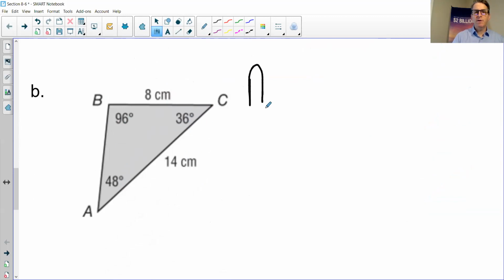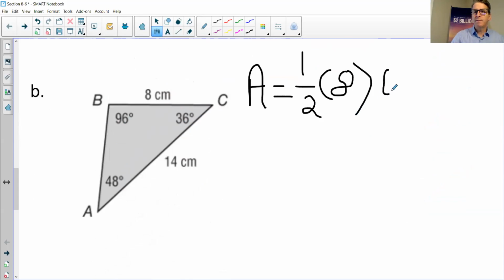So the area of this triangle will equal 1/2 times 8 times 14 times the sine of 36. And that is equal to 32.92.